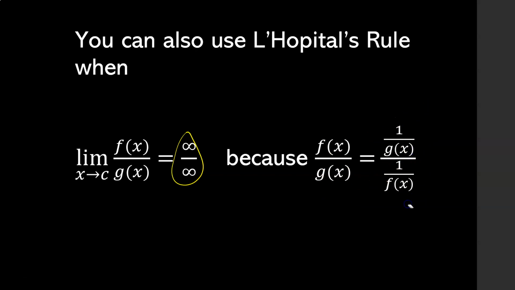And so if we think about this, you could rewrite this as the limit as x approaches c of 1 over g over 1 over f, which would give you 0 over 0 if we're thinking about substitution. So we just leave everything as it is and use L'Hopital's rule with f in the numerator, g in the denominator.